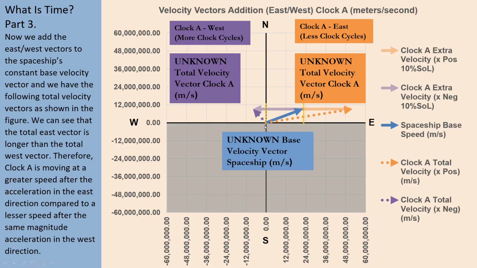We have the total component for the spaceship's base velocity vector in the east direction, which is the amount between these two yellow dotted lines, and that adds in the east direction, but it subtracts in the west direction. And so that's how we know that the spaceship is moving in the east direction.